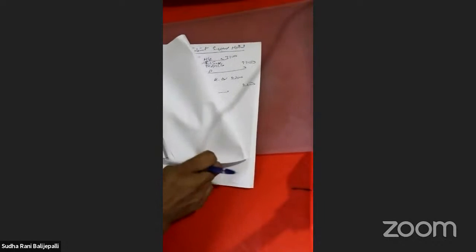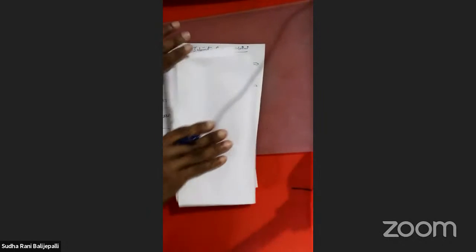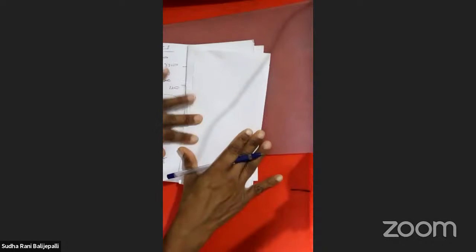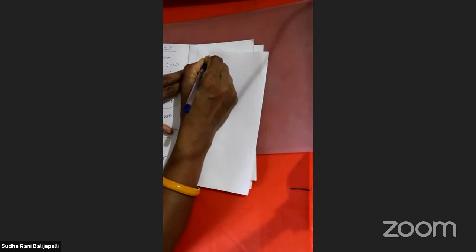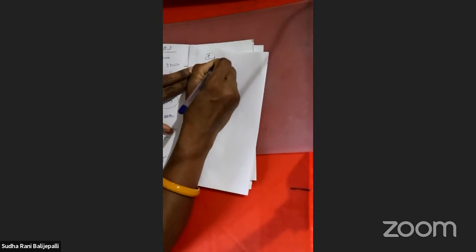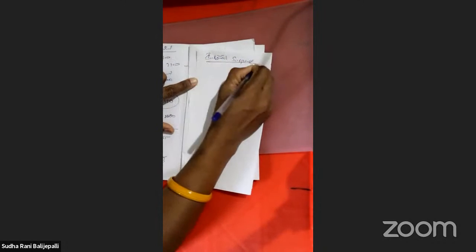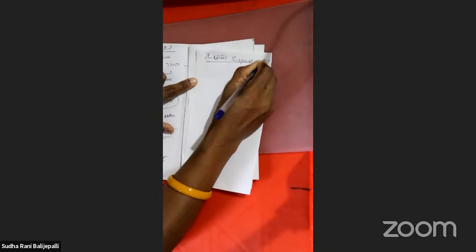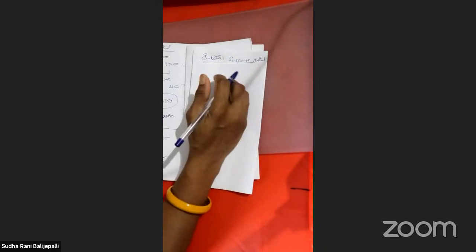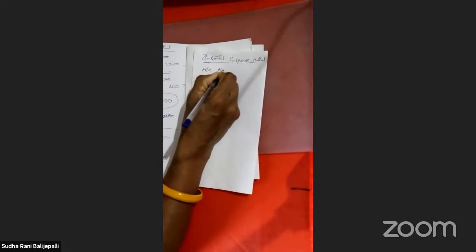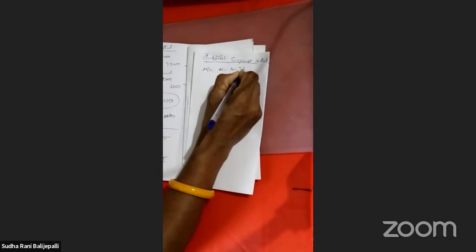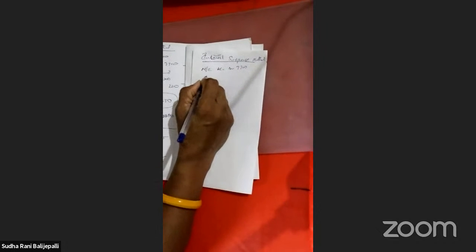Under third method, interest suspense method. By opening the interest suspense account, he will show the amount. Machine account debit, actual value of machine is 7,700.